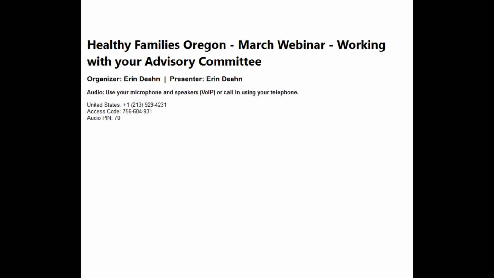It is important to note where it says that the organization's governing group could be different than the advisory group. Many of your programs are within a larger nonprofit that may have a board of directors, or some other group that governs that entire nonprofit or agency. If you're within a county, it could be county commissioners, or a whole slew of different groups of people, and that might be different than your advisory group.